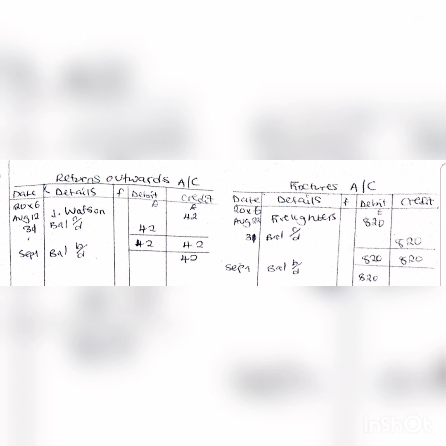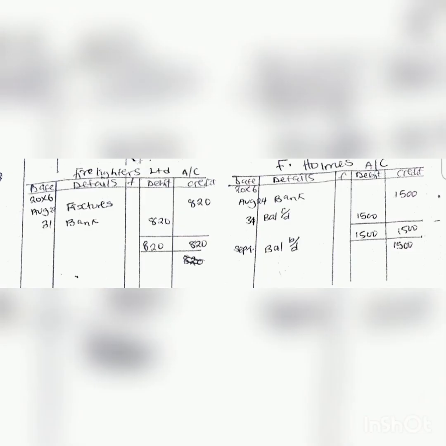12th, they are saying returned goods to J. Watson, 42. J. Watson had received, so in J. Watson's account we debit. Our returns account we credit. Sold goods for cash, 54. Sales account we credit 54.